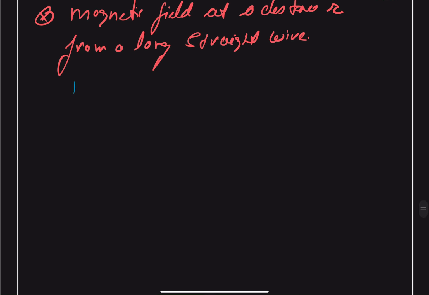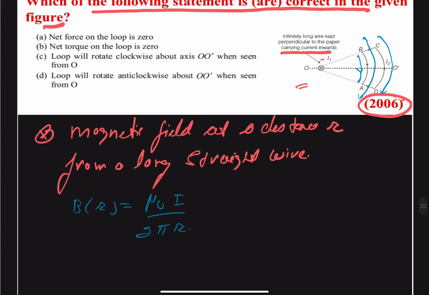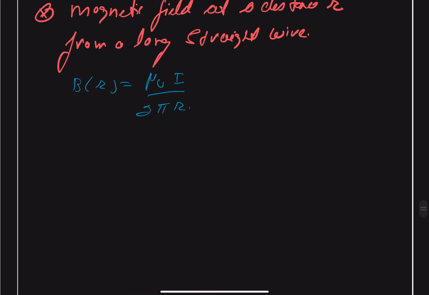We can write this as B of r is equal to mu naught I upon 2 pi r, and here the current in the wire is given as I1, so we can write this I1.